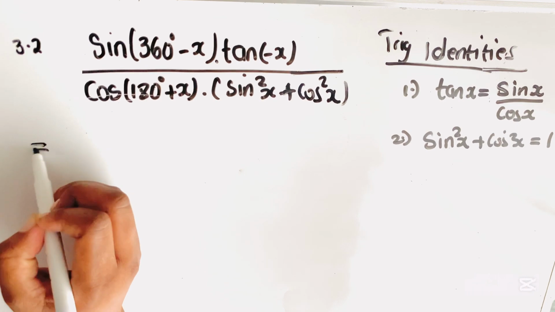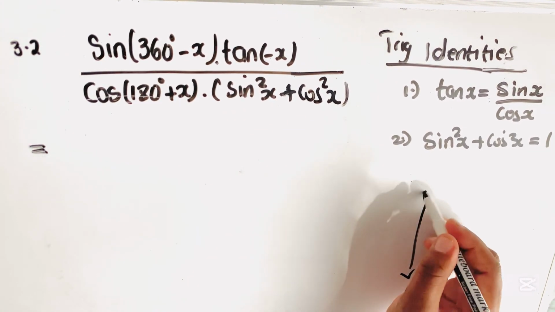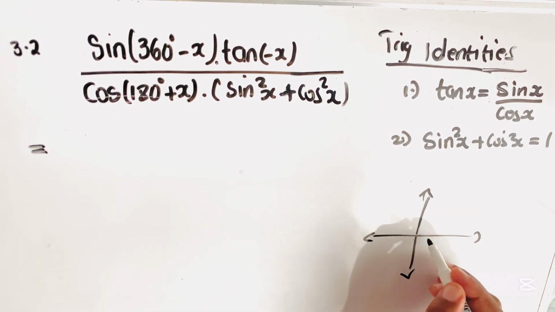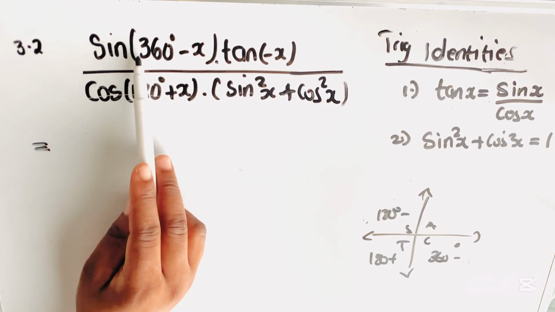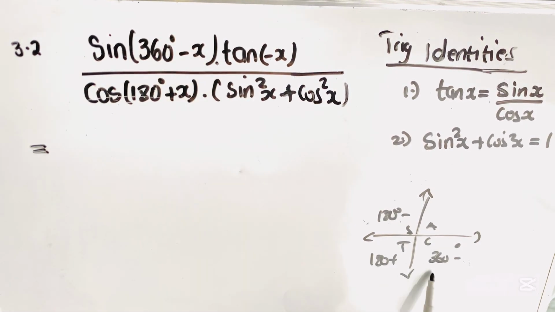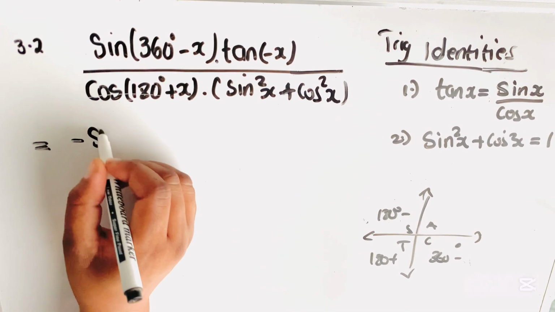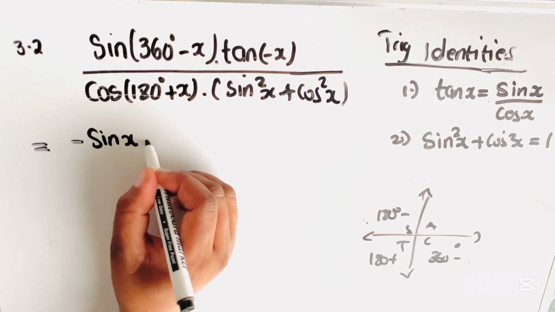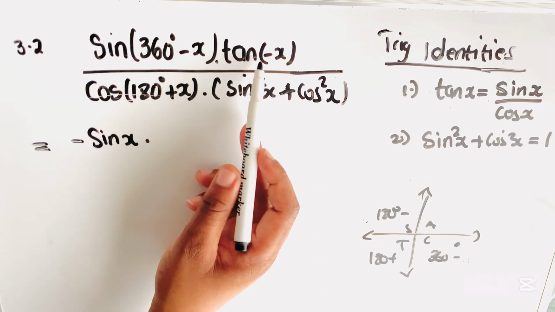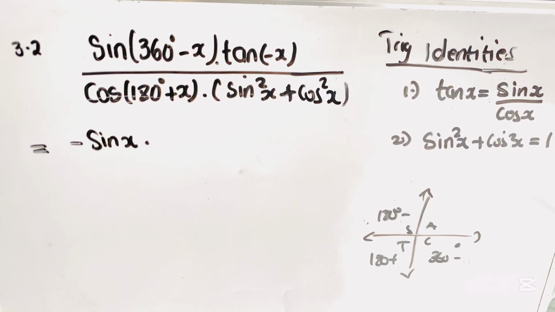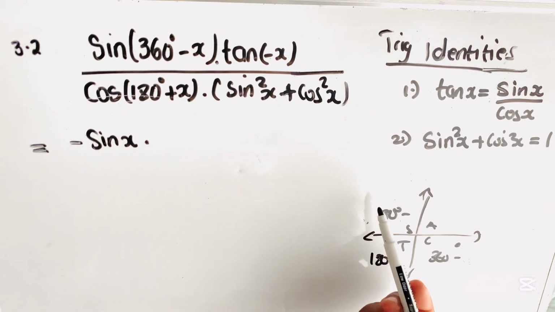So in the reduction formula, we have the CAST diagram. In sine of 360 minus x, the fourth quadrant, the sign is negative. So it's negative sine x, multiplied by tan of negative angle. So these are negative angles and it's in the reduction formula.